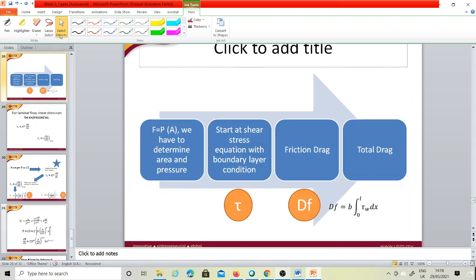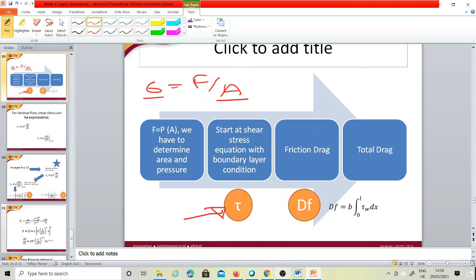So how are we going to get the drag in this case? This one is not there, but this is your task, maybe you can check. You know that stress is equal to F by A, so the drag force will be stress multiplied by A. The shear stress equation is tau, which you already know.